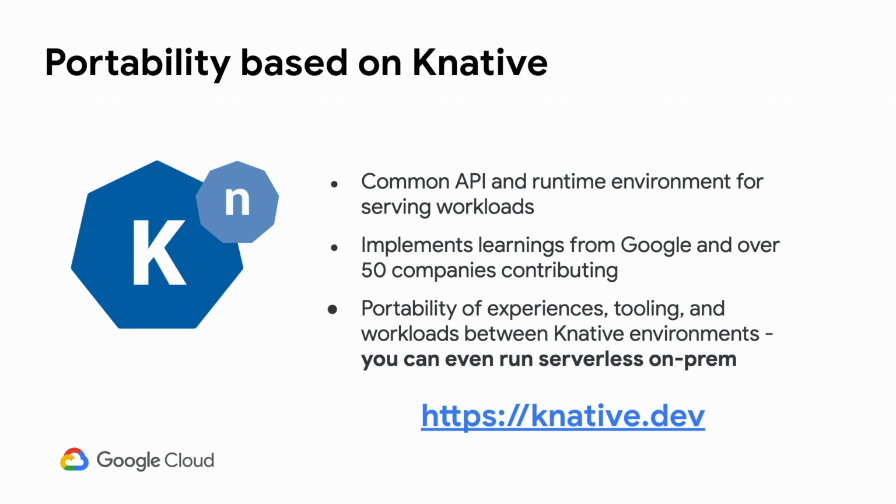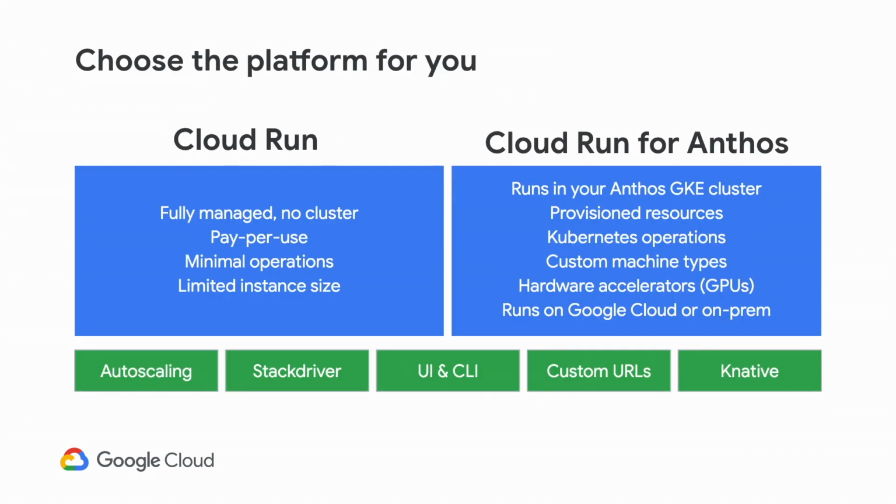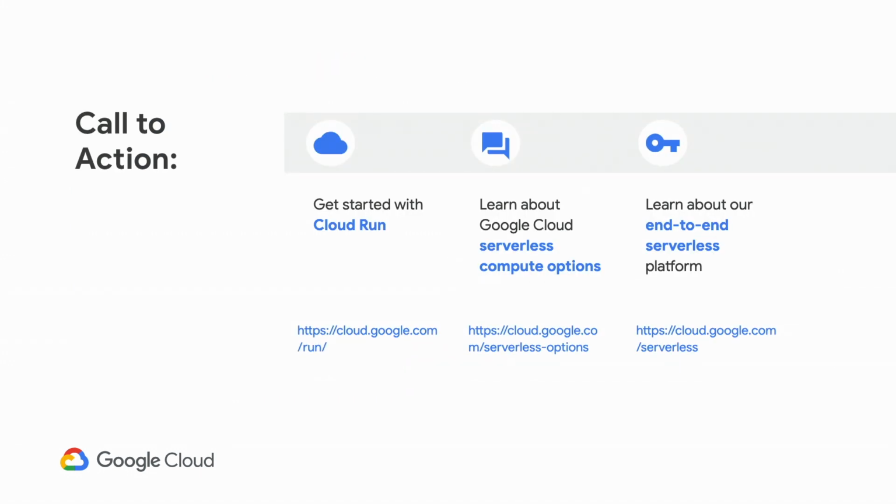So what does it mean? It means that your workload will be able to be ported to different implementations of Knative, and you don't need to change anything. So meaning that you don't have any vendor lock-in. If you're interested, you can go to knative.dev. So in summary, you can choose the platform for you, Cloud Run or Cloud Run for Anthos. And in terms of learning more about this product, you can go to this URL.